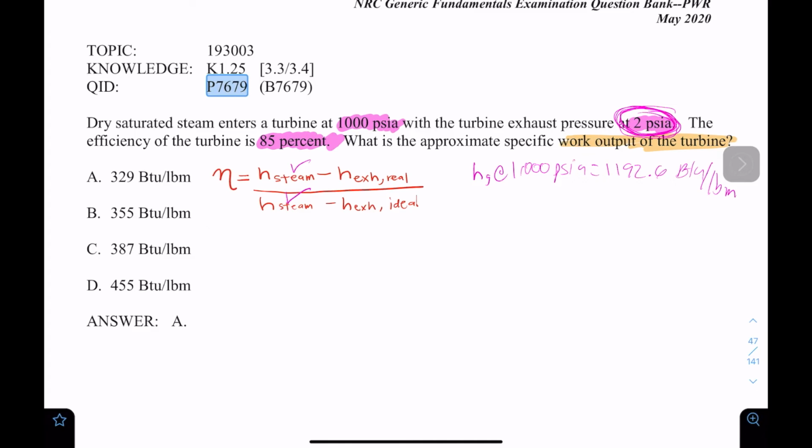Okay, so on this one, I go there and I found that my HF is 95 or 93. It's 1000 or 1115.7. So at 2 psia, I have 1115.7.